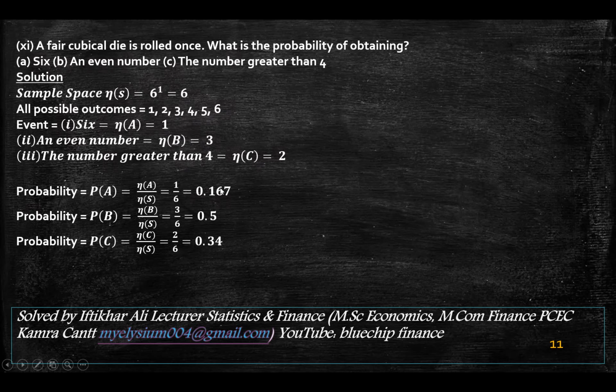Probability is simple, event divided by sample space. P of A equals event of A divided by sample space, 1 by 6, 0.167. Probability of B, event of B divided by sample space, which is 3 by 6, 0.5. Probability of C, event of C divided by sample space, 2 by 6, 0.34.